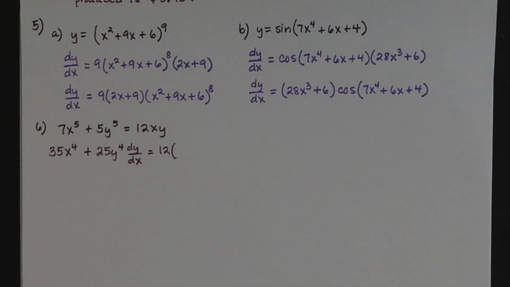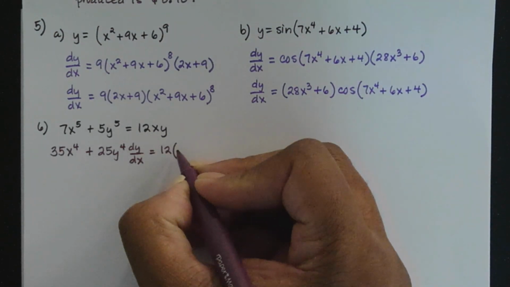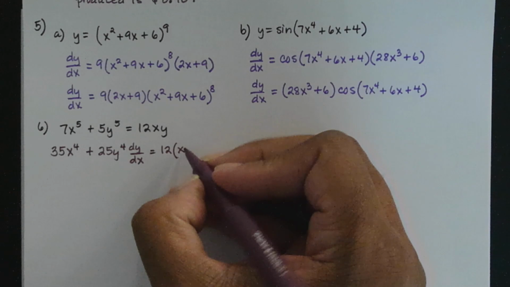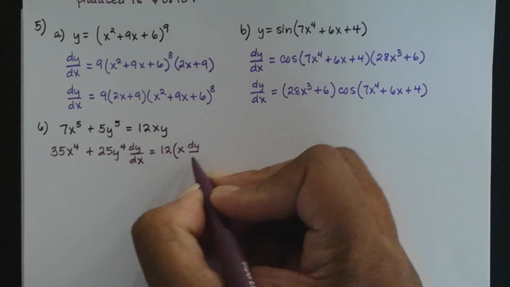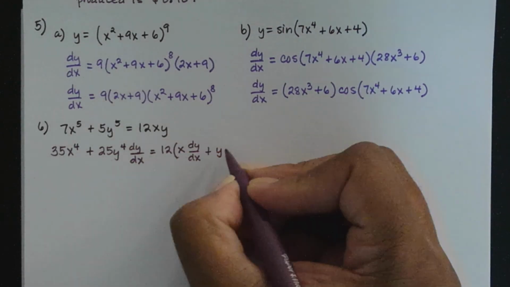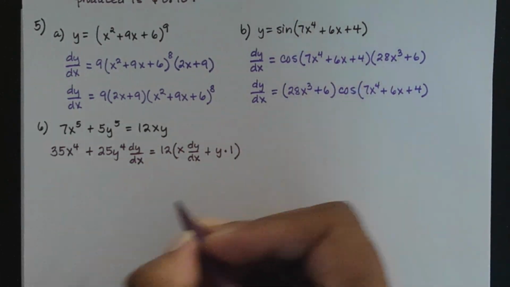And then that's equal to, I'm going to pull the 12 out and concentrate on taking the derivative of xy. What rule can be used there? Product rule, because it's x times y. So I have to apply the product rule on this one. The first, which is your x, times the derivative of y, which is dy/dx, plus the second, which is your y, times the derivative of x, which is 1.